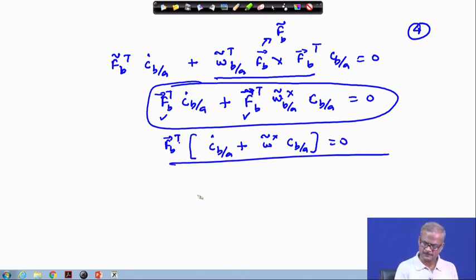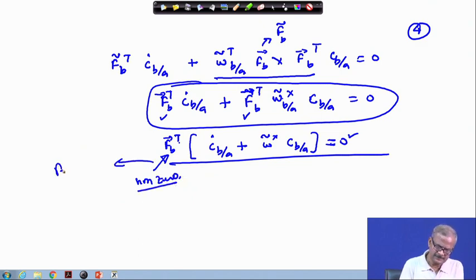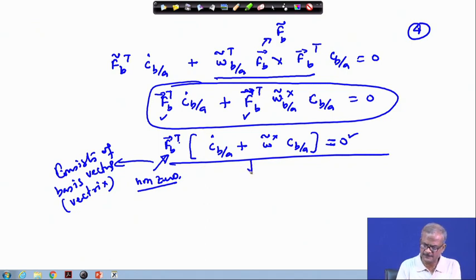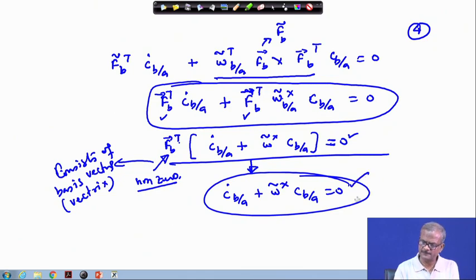If you look here, the right hand side is 0 and this is a non-zero quantity, because this consists of basis vectors, that is, this is a vectrix. So, this is a non-zero quantity and therefore this quantity must be 0: C dot B slash A plus omega tilde cross C B slash A equals 0, and this is what we proved using the vector method.